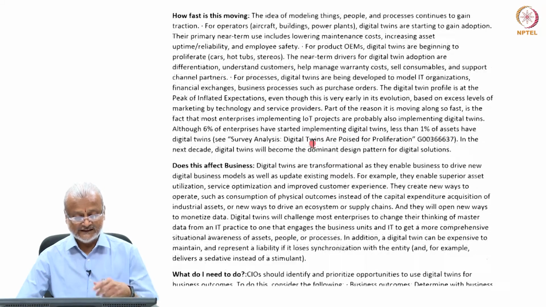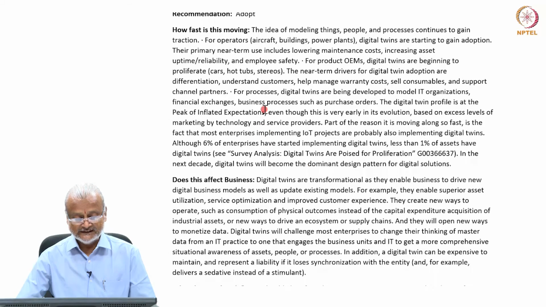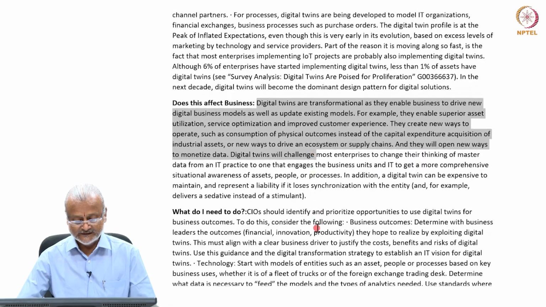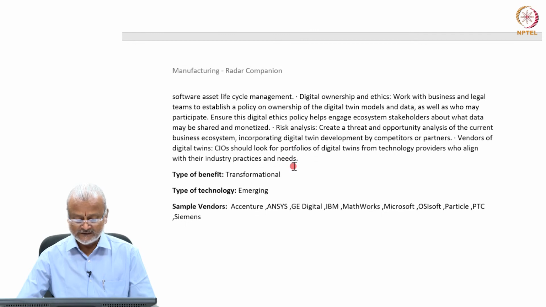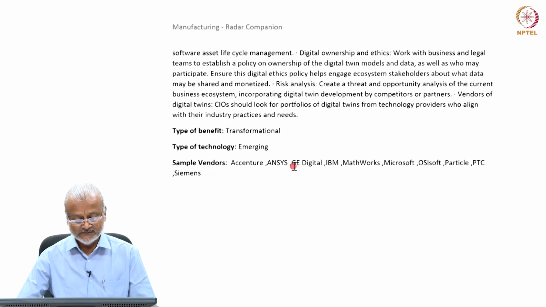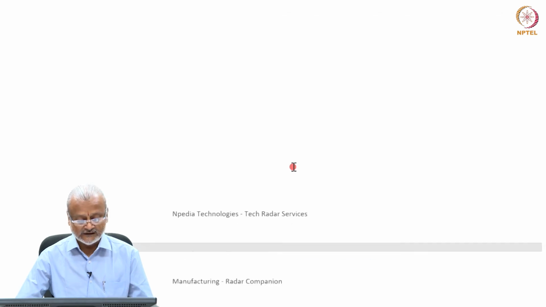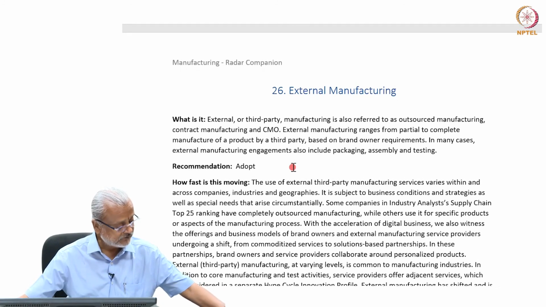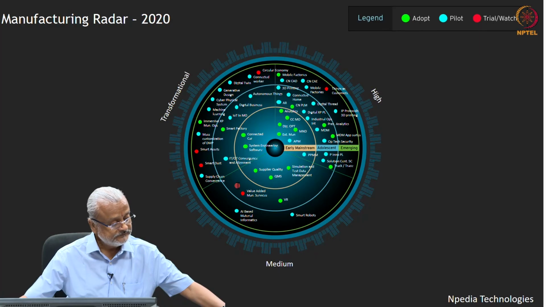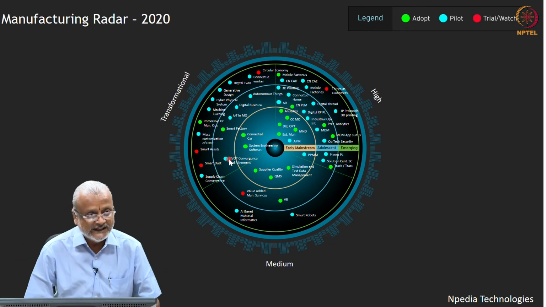You will see the area in which it is affecting your business here, and what we need to do, and it has tremendous benefit as well. So, all the key technologies that are important to us are well managed within this. This is briefly the one that I wanted to cover.